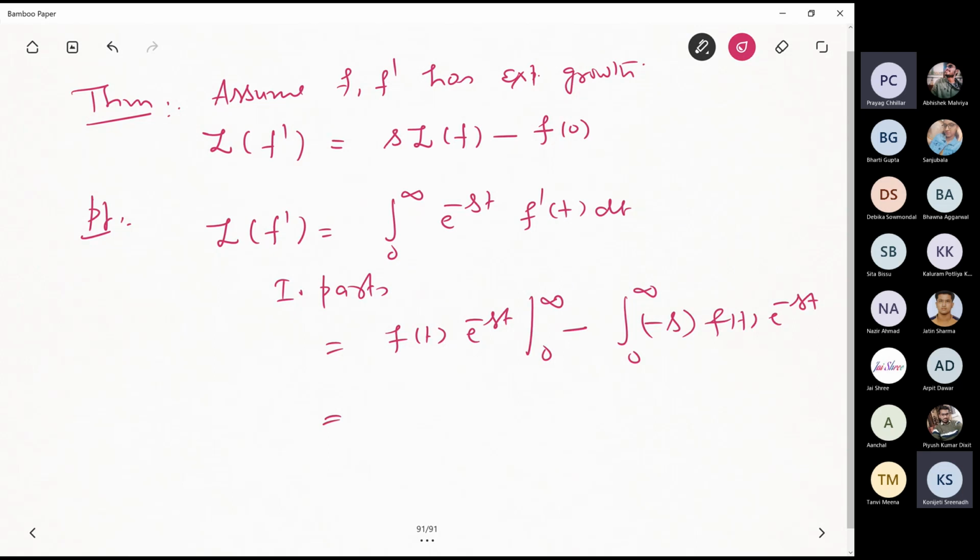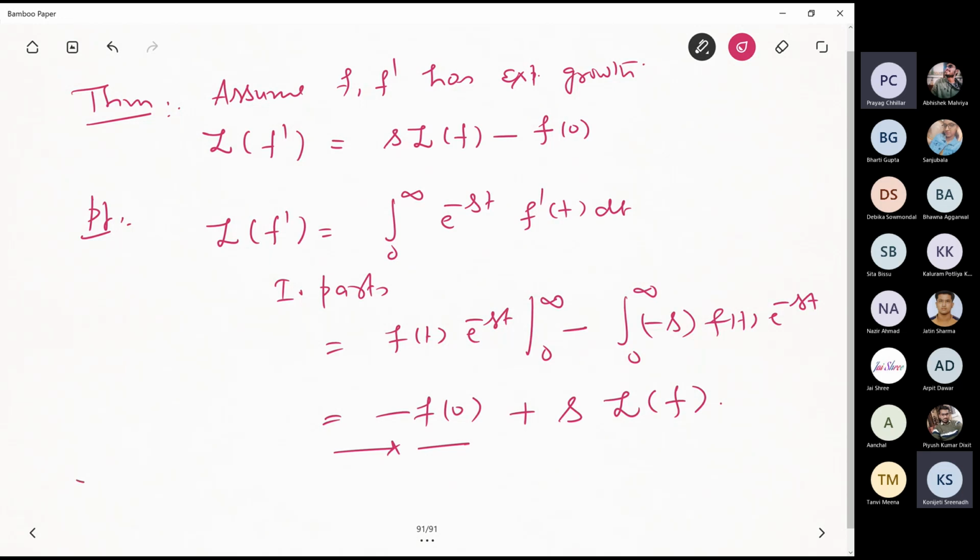We know that f has exponential growth, therefore the boundary term is 0 at infinity, leaving minus f at 0, plus s into L of f. So that is the formula.